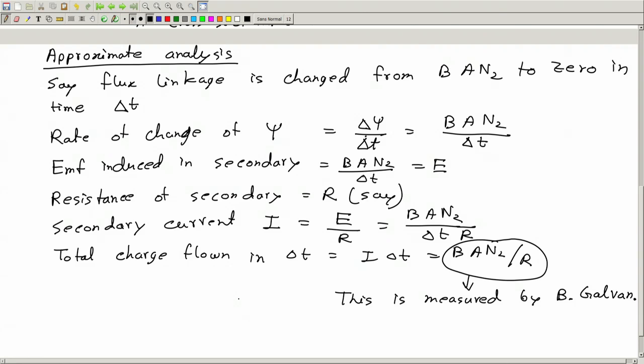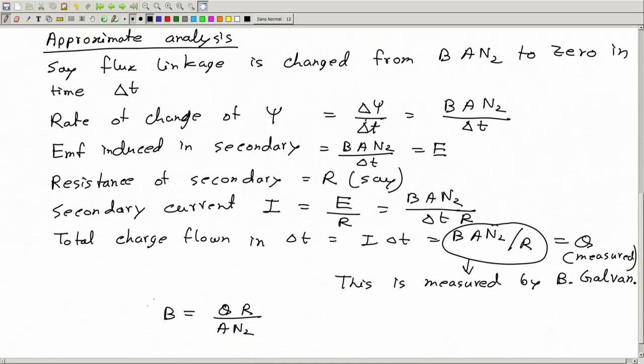Call this Q measured, and therefore, we can estimate B as QR by AN2. Q is measured, R can be known or measured, A is known, N2 is known. So, B can be estimated.